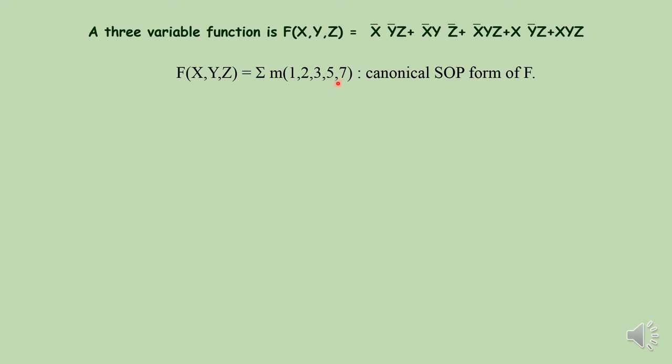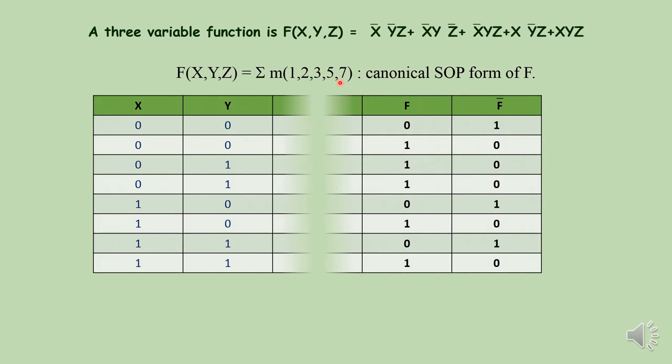From this decimal notation we can easily get the truth table. What is the truth table? First we write the three variables x y z. Three variables means a total of 8 combinations, 0 to 7. First we write the binary representation of 0, that is 0 0 0.